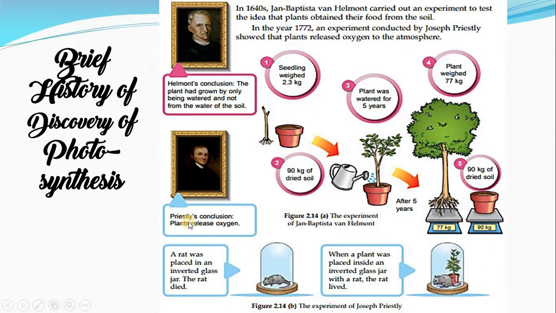So what is the conclusion? Priestley's conclusion here: plants release oxygen. That is two discoveries related to photosynthesis. The first was carried out by Van Helmont, and the second one by Joseph Priestley.